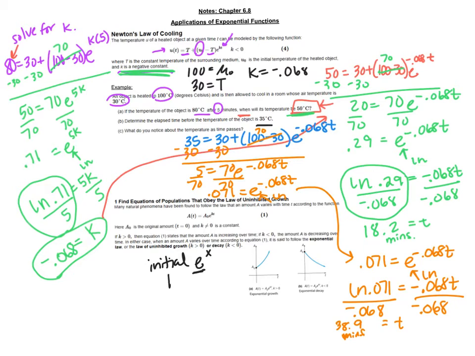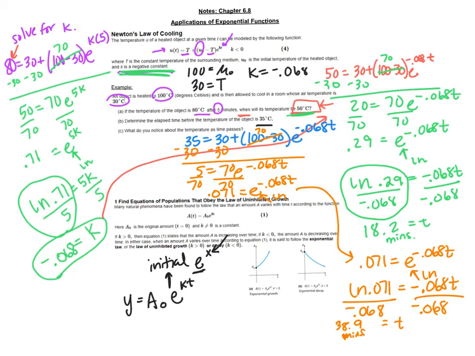Our initial is considered our a naught. We're going to be using our e, and the variable that we're going to raise it to now is an element of two things. It's the constant rate times time. All right, so it's very similar to what you've already seen before, and we used to call it y equals. It's the same idea here.